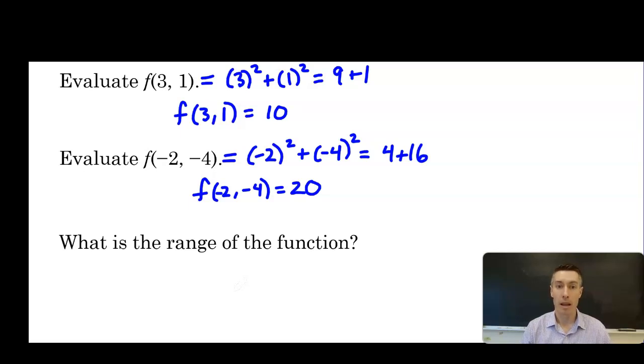And then any other input would give us a positive output, because we're squaring the x and we are squaring the y and we're finding the sum of those two values. So the range of the function in interval notation is going to be 0 to infinity. And we'll see this later in the video. I also graphed this function so that we can see what the surface looks like, and that will confirm the range that we've defined here.